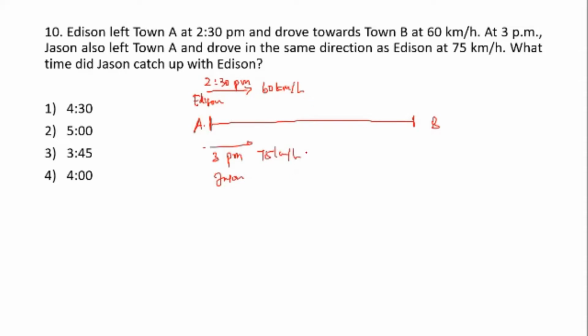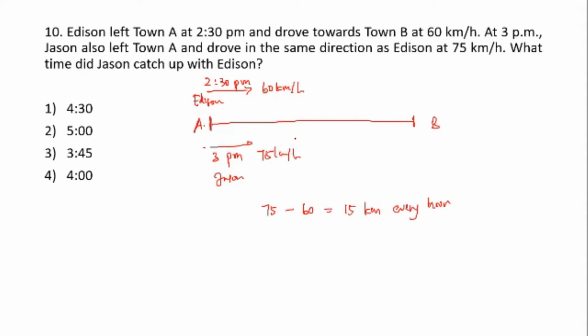So now you can see from the difference in the speed, that means every hour, Jason will be able to catch up 15 kilometers, right? Because Jason travels 75 kilometers every hour, while Edison only travels 60 kilometers every hour. That means every hour, Jason will catch up 15 kilometers.